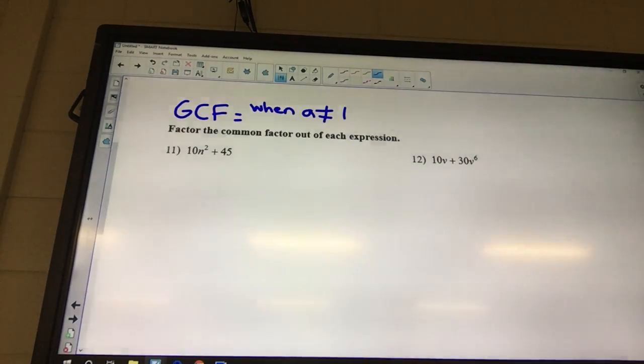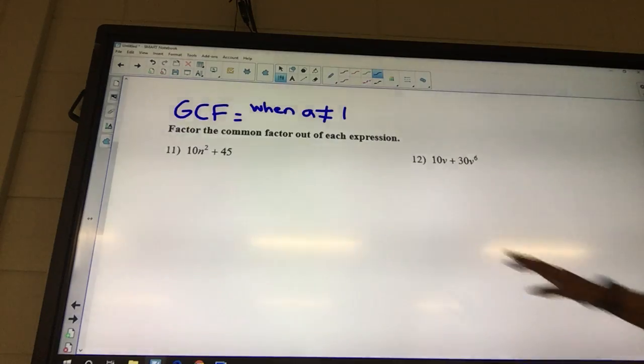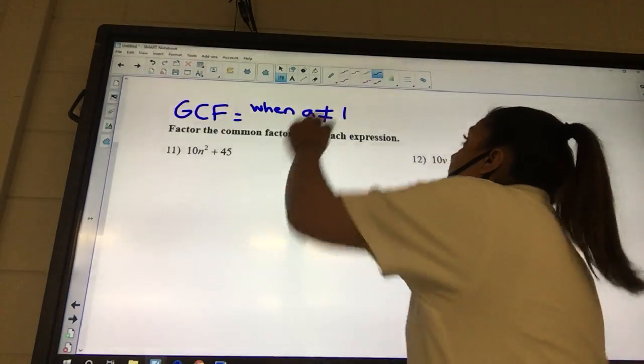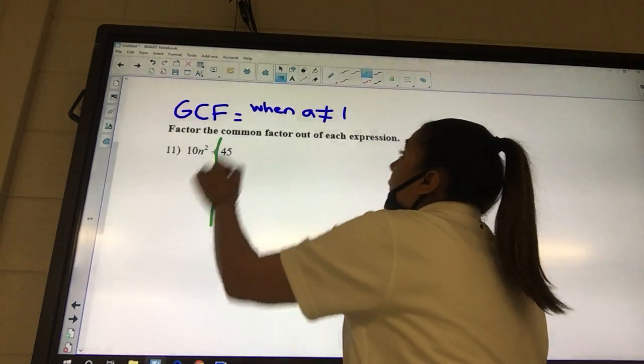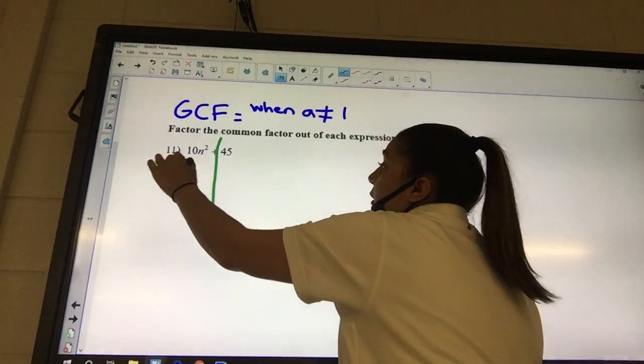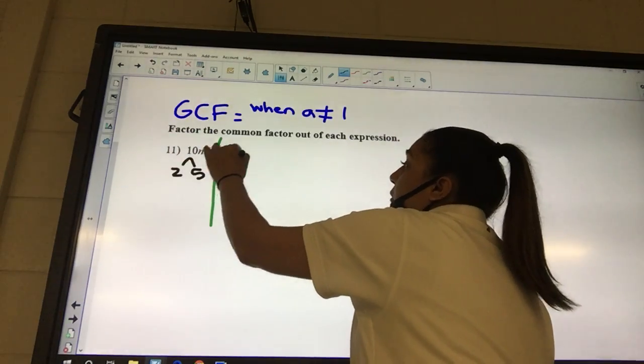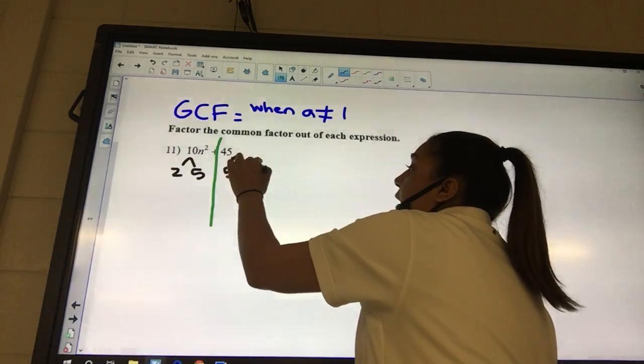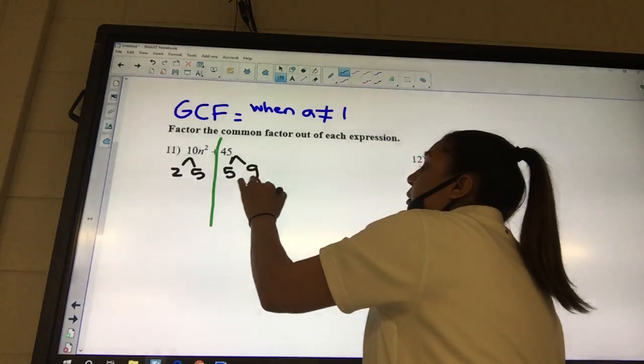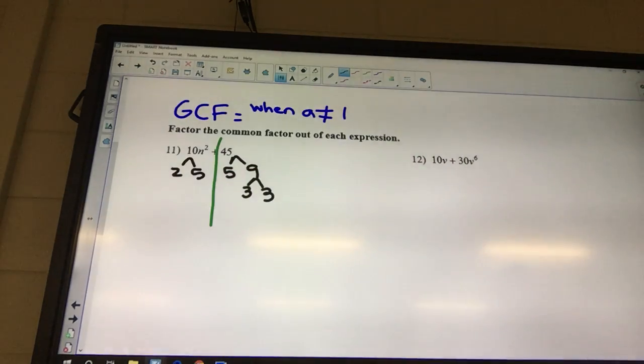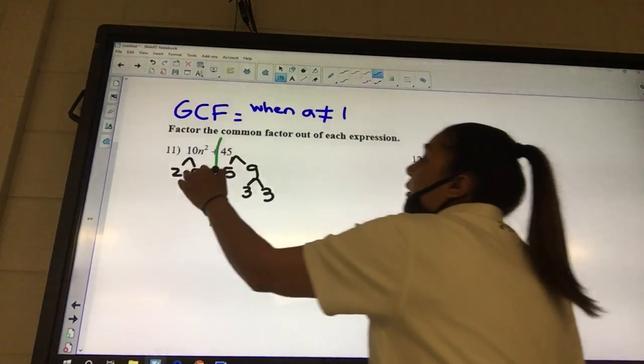Or nothing? No. Okay, so we have to try to use the GCF, which means you need to draw your line, and we need to find some factors of 10. So 2 and 5. And 45, you could say 5 and 9, 3 and 3. Who's our matches? 5 and 5. You put 5 down.